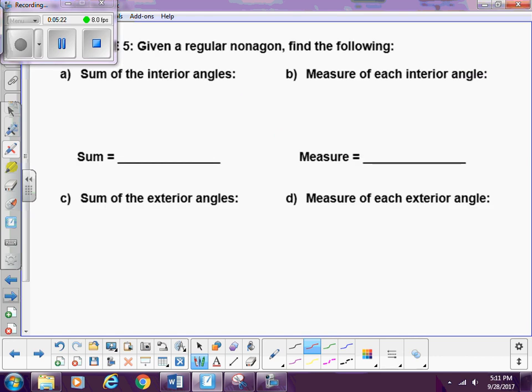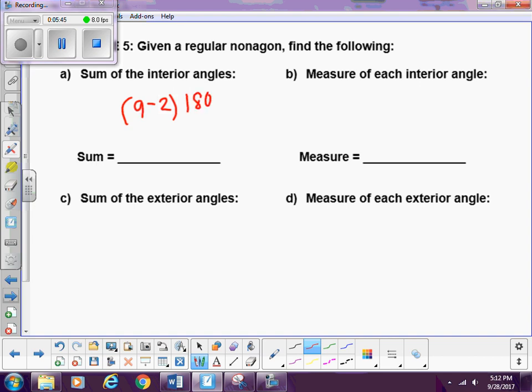Okay, so I'm going to give you a name of the shape, a regular nonagon, and I want you to find the sum and each angle of interior and exterior. So the first question says, find the sum of the interior angles. Yesterday we talked about the formula n minus 2 times 180, and a nonagon has 9 sides.